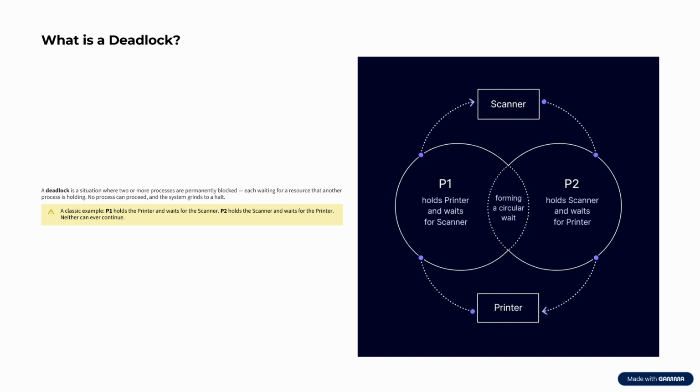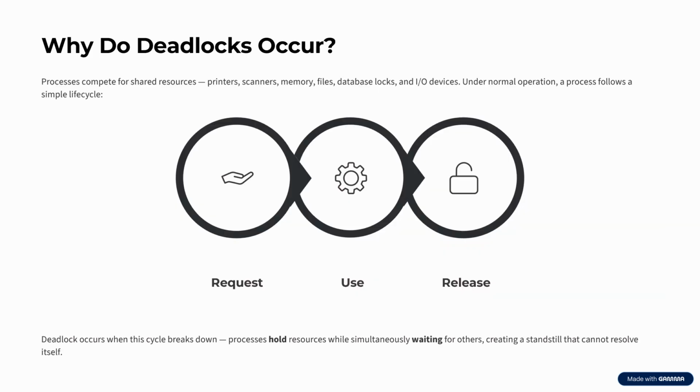In this slide, it is explained that deadlock is a standstill scenario where multiple processes are permanently blocked because each holds a resource while waiting for another resource held by a peer process. So why do deadlocks occur?